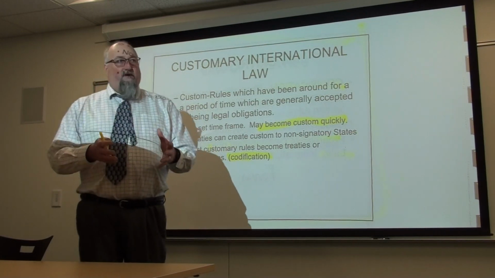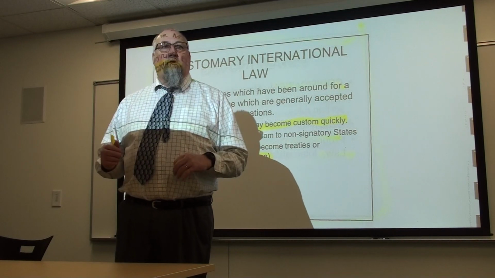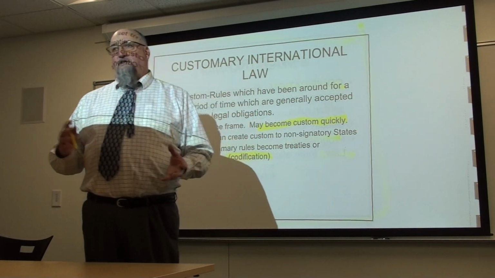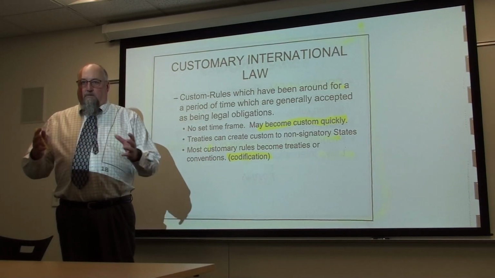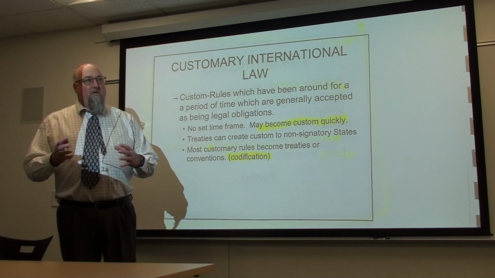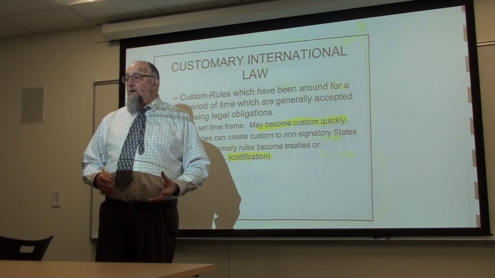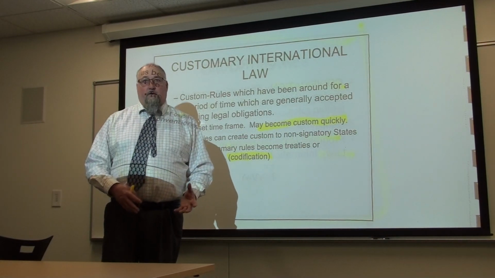If a treaty is then developed that says that outer space is open to all countries that have the technology, so long as they do not use it for aggressive means, that essentially that treaty creates custom that would then be binding on other non-signatory countries or countries that flat out don't have the technology yet to go into space.